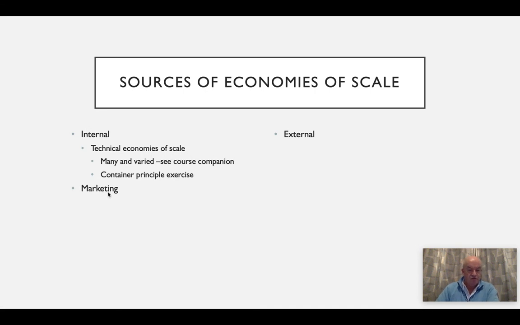Now, we've talked about internal, or technological or technical, economies of scale, but we can also get marketing economies of scale. Large firms might be able to afford bigger advertising campaigns and might be able to get specialist staff in marketing fields that smaller firms wouldn't be able to afford.